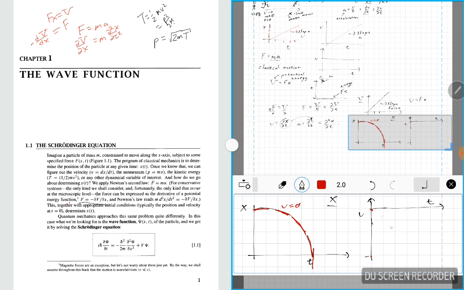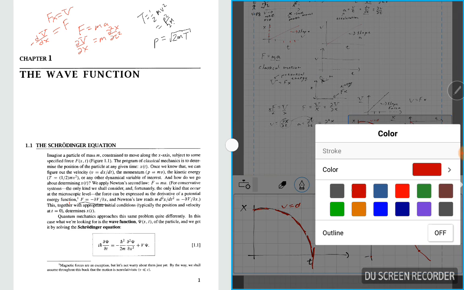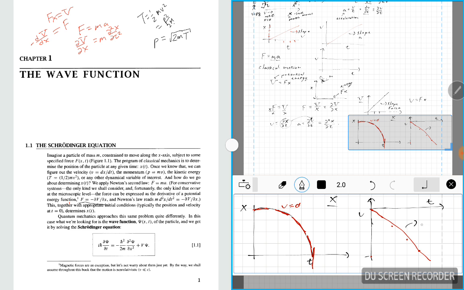A negative slope that's a little bit bigger. A negative slope that's bigger, until a negative slope that's fairly large. And my velocity ends up being a straight line. And the slope is the acceleration. So my acceleration is the slope of the slope.